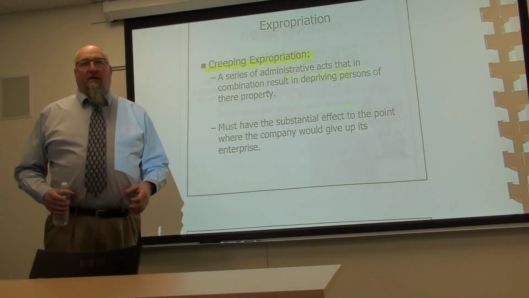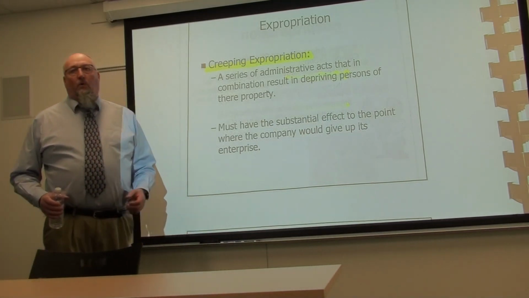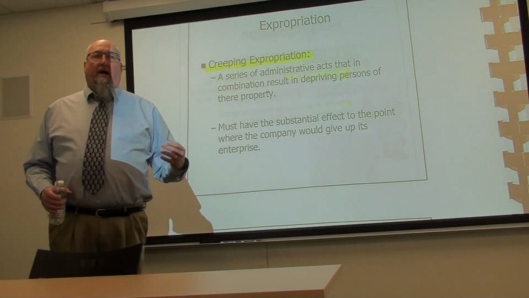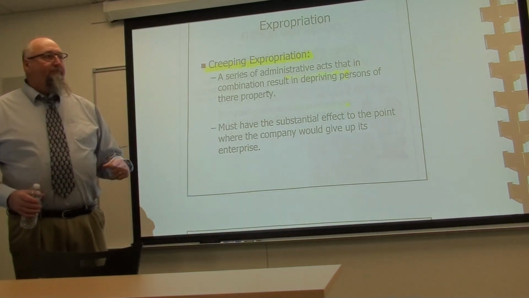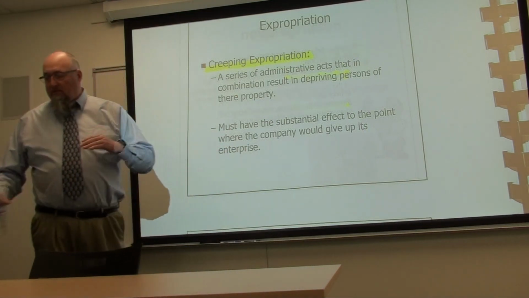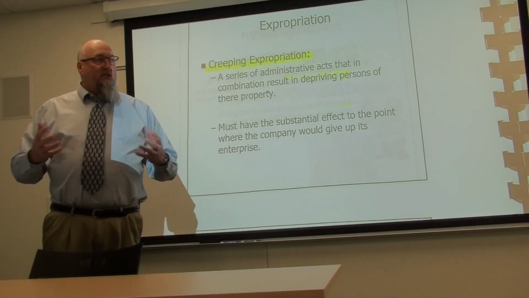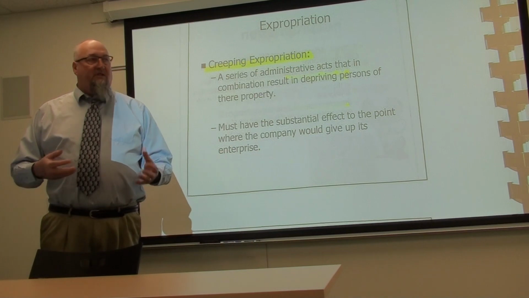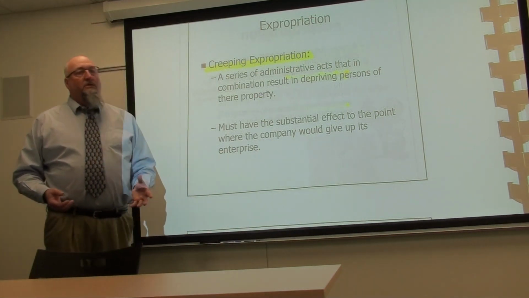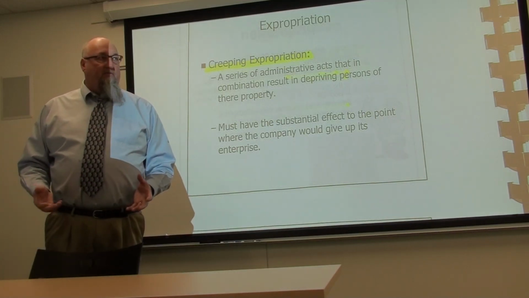This is a series of administrative actions by a governmental entity or those acting on behalf of a governmental entity, whereby over a period of time, there are various actions that eventually, when you pile them onto each other, have the effect of essentially taking the property such that it's no longer really having any value or cannot really be used by the owner for anything that is economically beneficial.